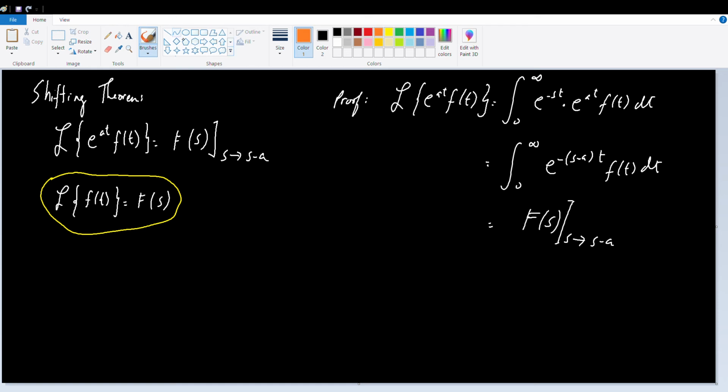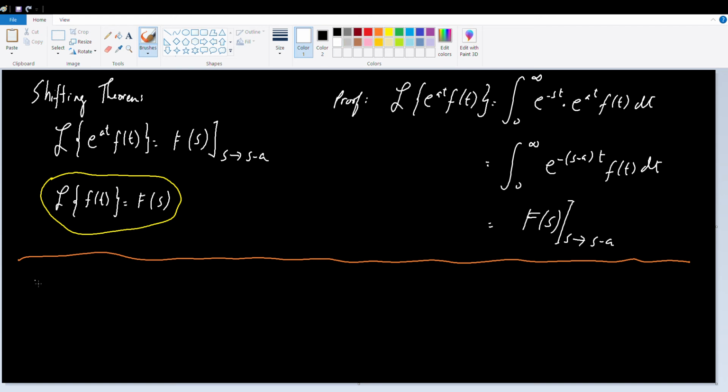Let us have an example. We take the Laplace transform of e to the 2t times t squared. We are going to suppress e to the 2t and let f of t be equal to t squared.